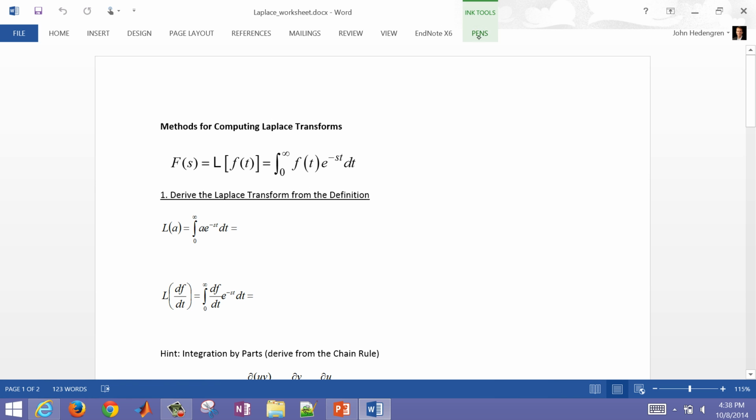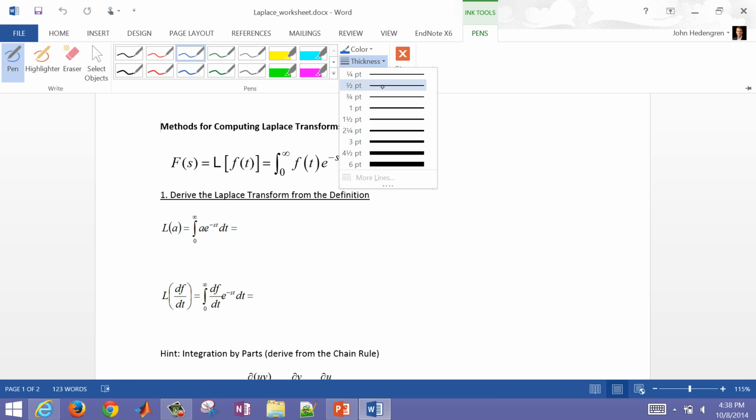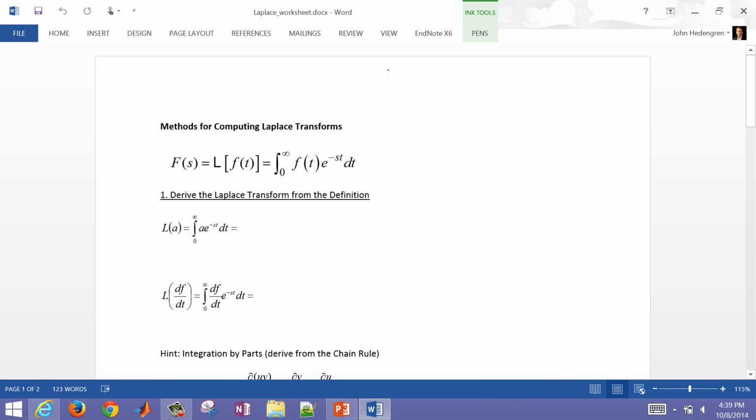Let me go ahead and start. We're just going to do a constant a. We want to do the Laplace of a, so we plug a in for f of t and integrate. We have negative 1 over s times a e to the negative st, from 0 to infinity.